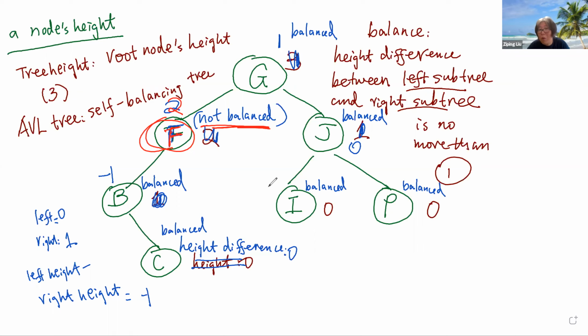So this tree is not balanced, so it's not an AVL tree. An AVL tree must be a balanced tree. If it is not balanced, is there some way to make it balanced?